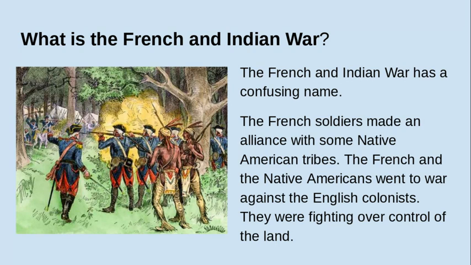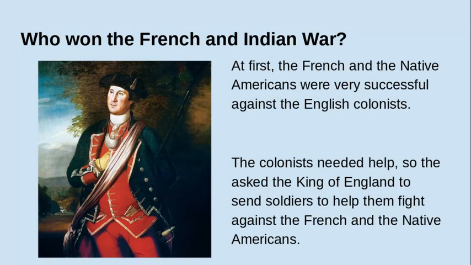So many Native Americans fought with the French. So on one side of this war were French soldiers and Native American troops that were friendly with them, that allied with, that joined with the French, and on the other side were the colonists. They were fighting over the land. The colonists were not doing so well. So let me show you on the next slide. So at first, the French soldiers and the Native Americans were very successful against the colonists.